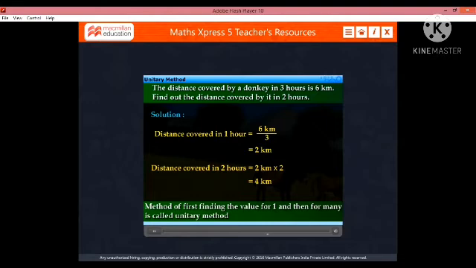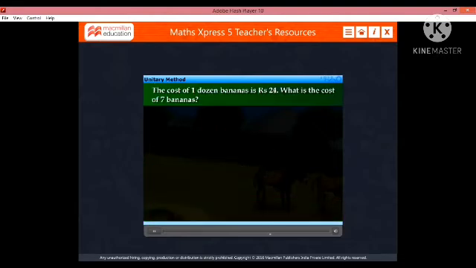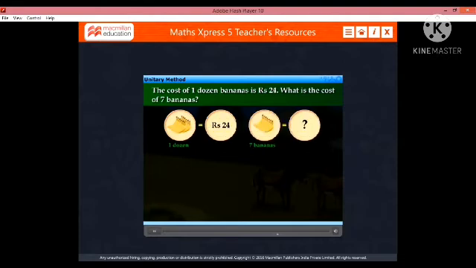For example, the cost of 1 dozen bananas is rupees 24. What is the cost of 7 bananas? To solve this example, we use unitary method. Here, we first find the cost of 1 banana, which is equal to rupees 24 upon 12, because 1 dozen contains 12 bananas.